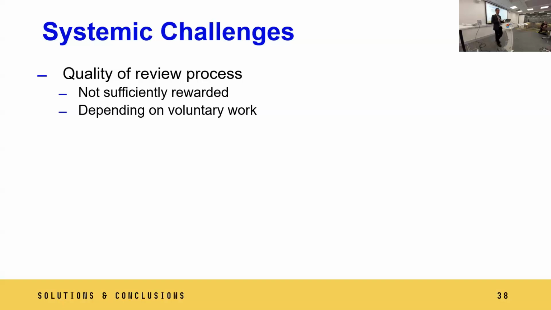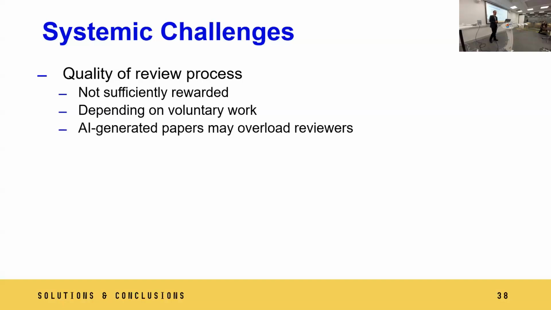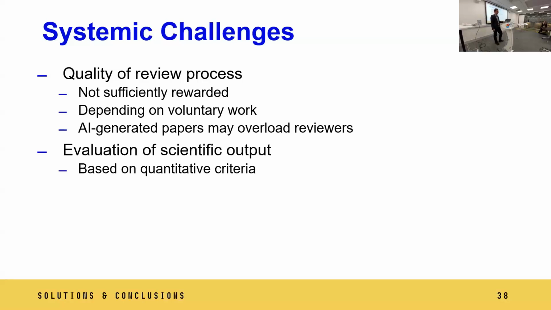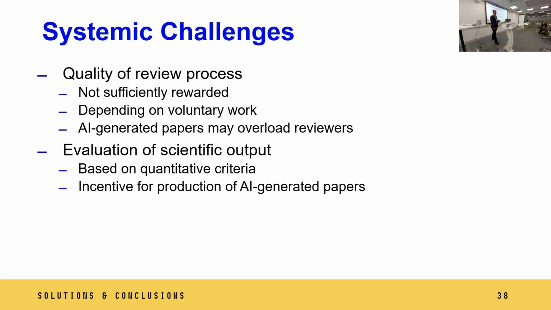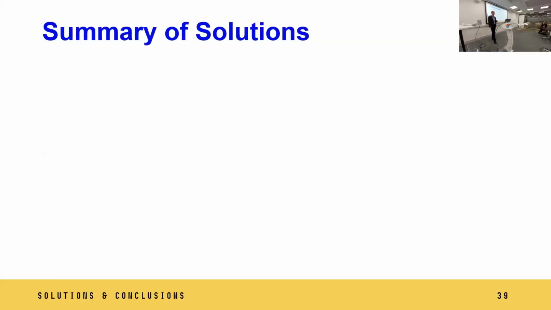And if the review process becomes more overwhelmed with AI generated content, the challenge is really strong. Yeah? It may overload the reviewers. And the evaluation of scientific output, which is heavily based on quantitative criteria, is basically an incentive for the production of AI generated papers.